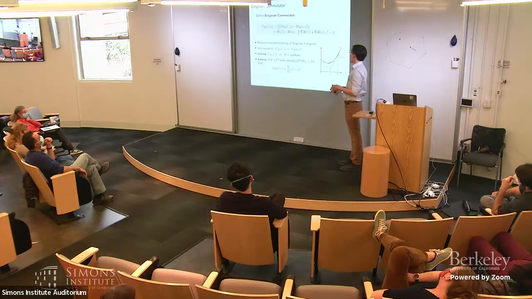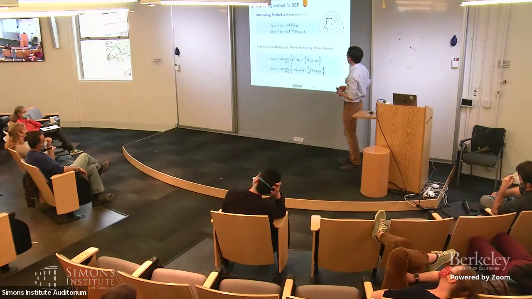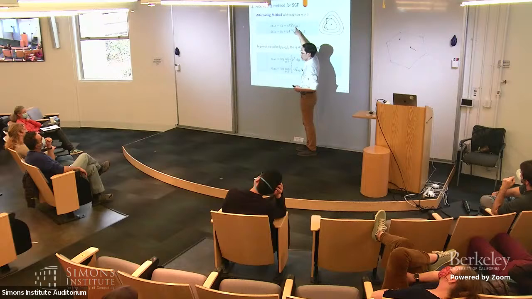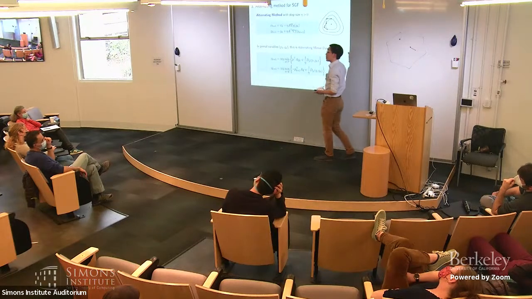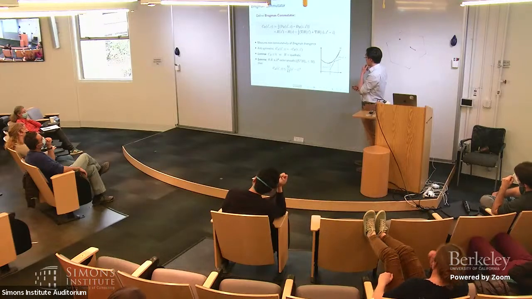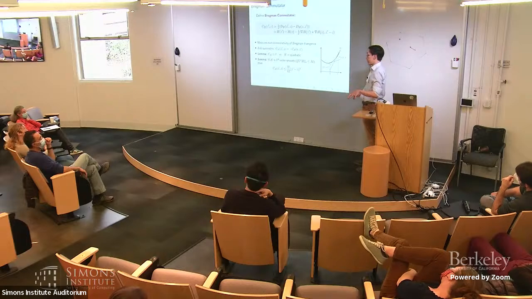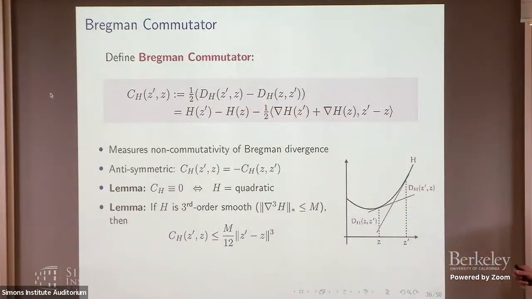What is h then? H is f plus g. So I'm in a dual space, f plus g, where f is phi star and g is... Oh, I'm sorry, I was lost. Thank you. No, thank you. So the conditions here, this holds, for example, for the dual function of entropy. If phi is entropy, then f and g are the log sum exp function, then h is the sum of two log sum exp, and then this is satisfied.